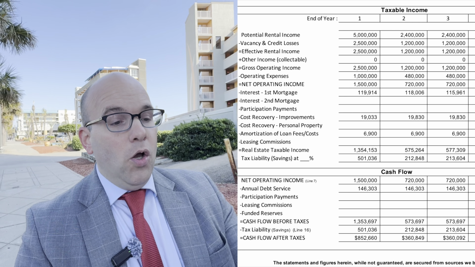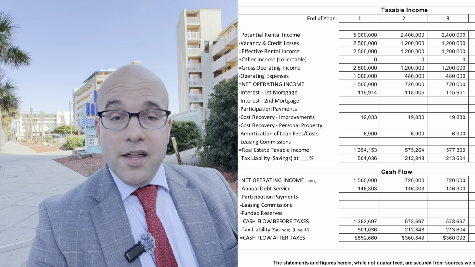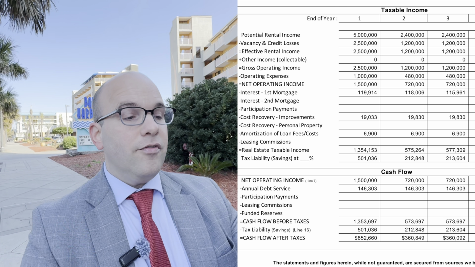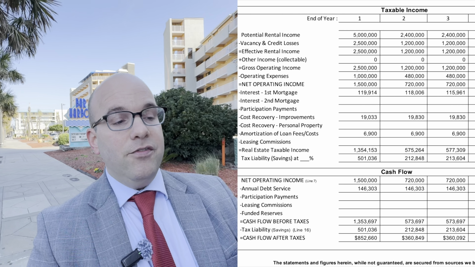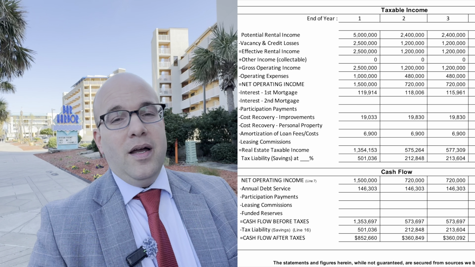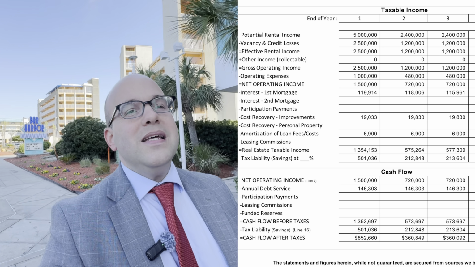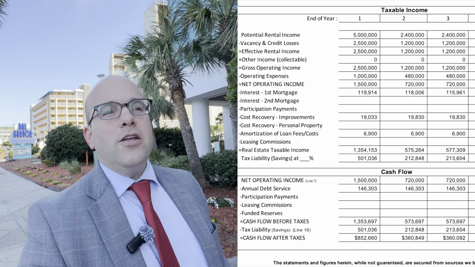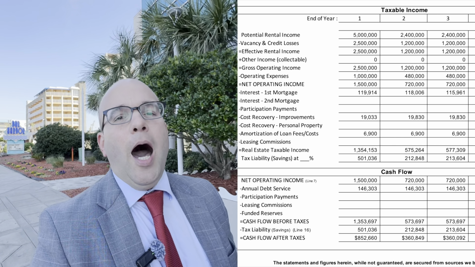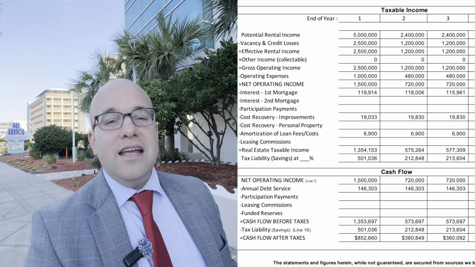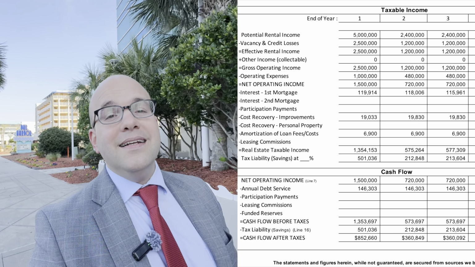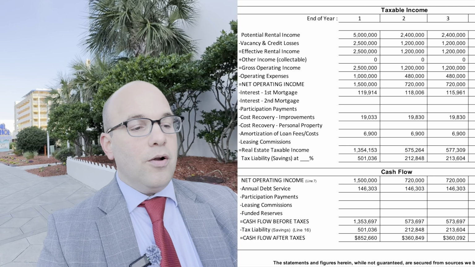Now from there, once you add the other income to the effective rental income, that's going to leave you with the gross operating income. And from the gross operating income, you know the factors of your business. For example, your business has 40% operating expenses. So you're going to take 40% of the gross operating income, and that's going to account for your operating expenses.